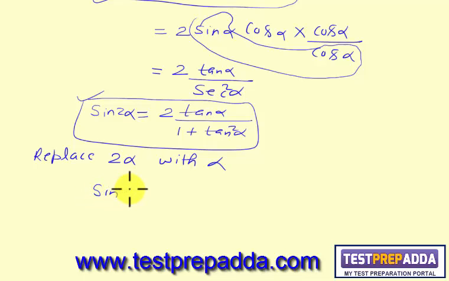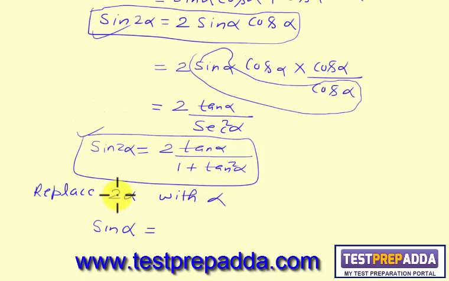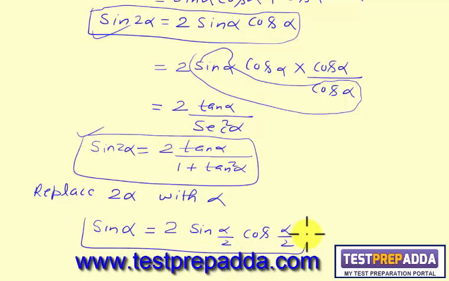Sin alpha will be written as, go and check the first identity which we derived here, 2 sin alpha by 2 into cos alpha by 2.